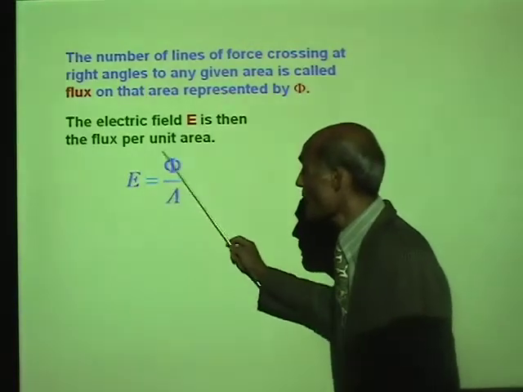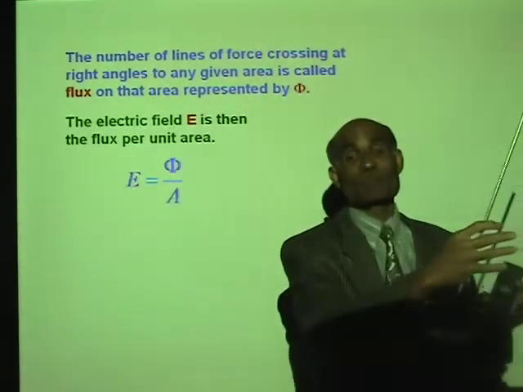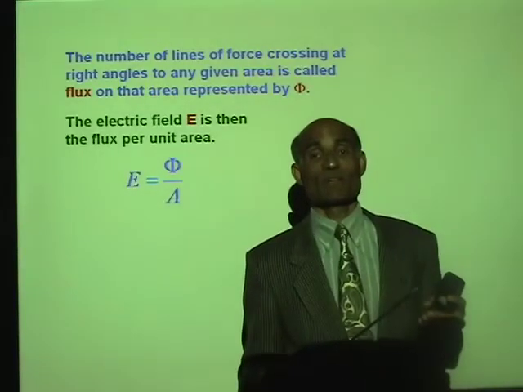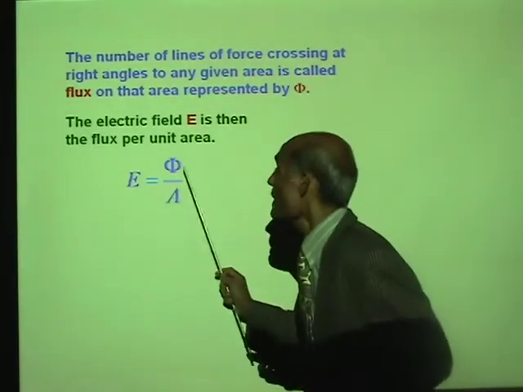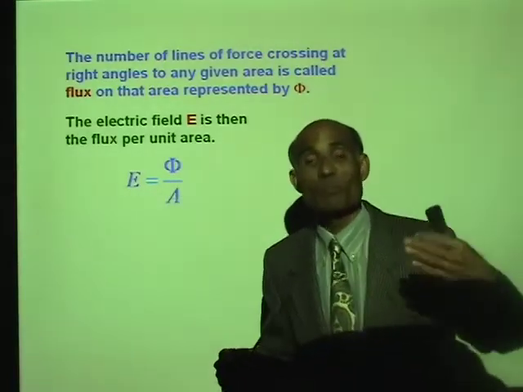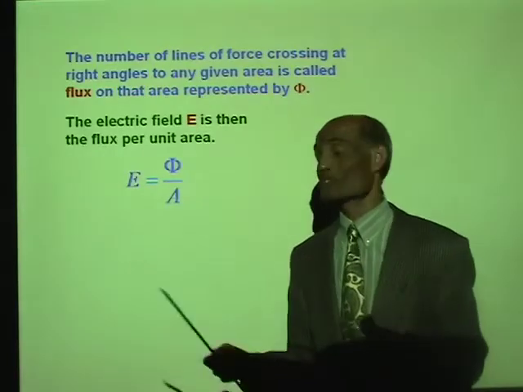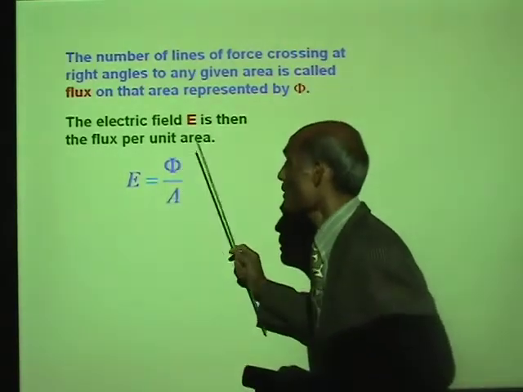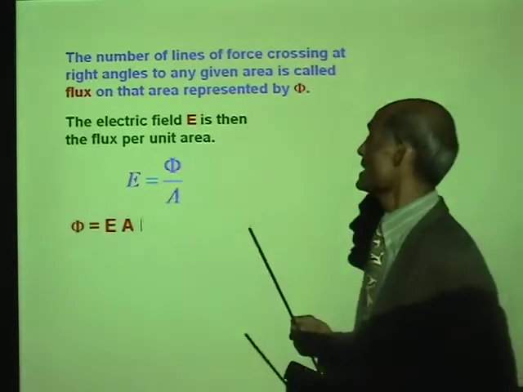Is that right? Phi is the total flux on a given area, and that total flux divided by the area is a measure of the flux per unit area. So electric field at a point is a measure of flux per unit area.